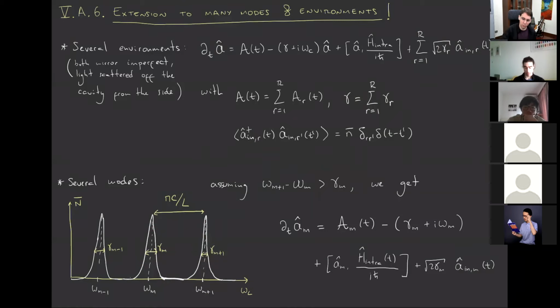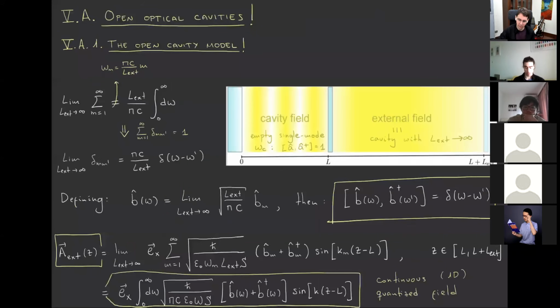And of course, I think that this is quite a natural question that everyone has when presented with this model, because if I tell you that in this cavity there are many modes, all the modes couple to the same external field, right? The external field is only one external field.